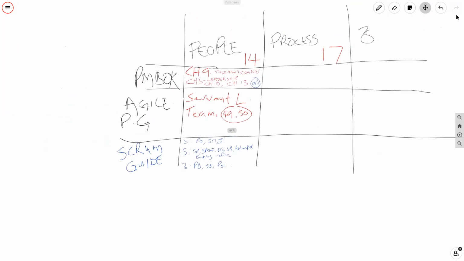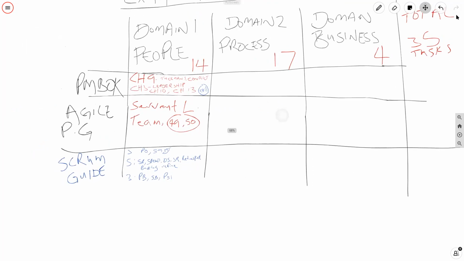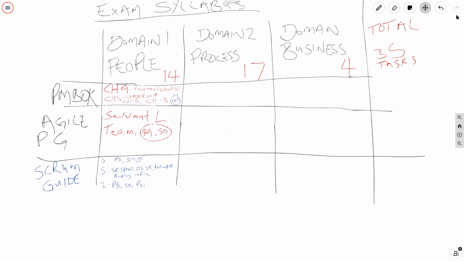So my friends, when you take a look at the exam, you need to understand that the contents are scattered all across various texts: the PMBOK guide, Agile practice guide, Scrum guide. I often tell students to not get so hung up on a study guide.